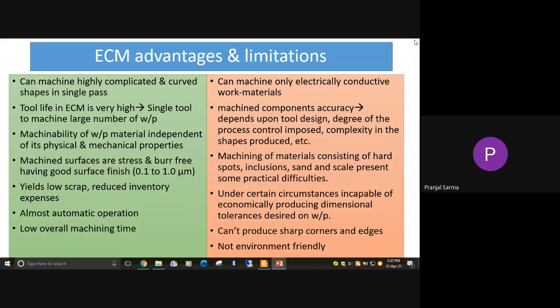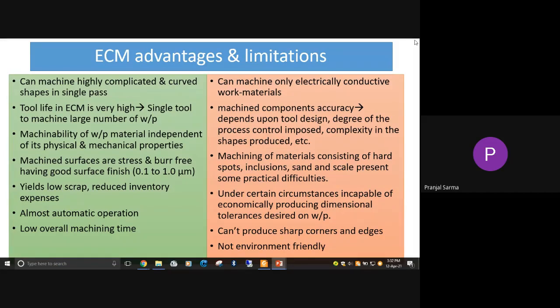Some of the limitations include the following. As we are making the workpiece the anode and the tool the cathode, it can only machine electrically conductive work materials. If the material is not electrically conductive, then it cannot work like an electrode.